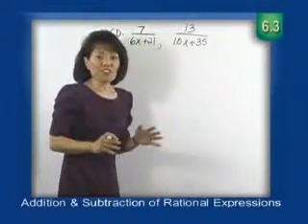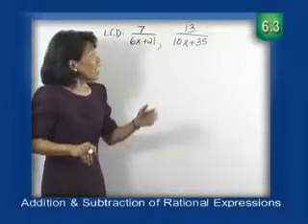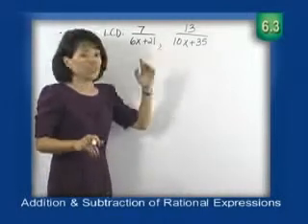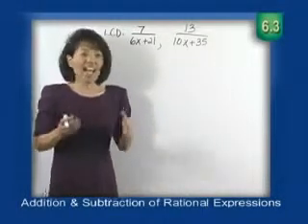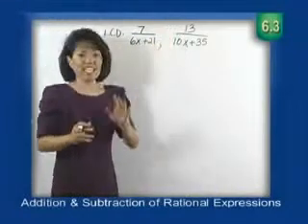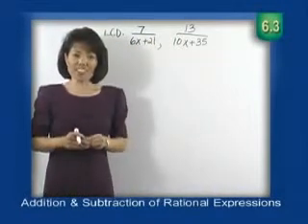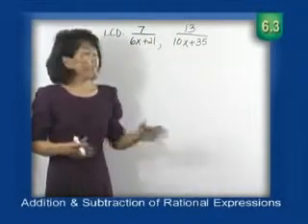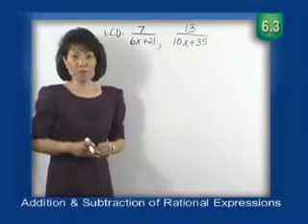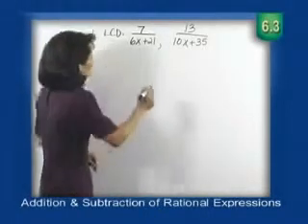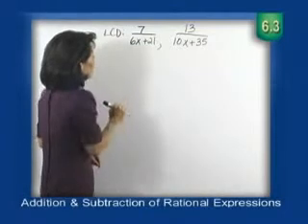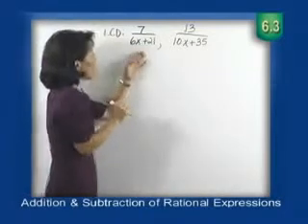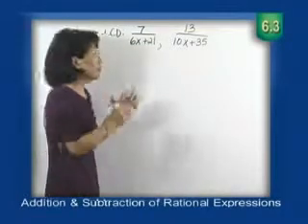Now, in order to find the least common denominator, it's nice to have those denominators in factored form. Actually, the numerator will not play any role in this problem of finding the least common denominator, so we can basically ignore those numerators. Let's factor our denominators. 6x plus 21. Do we have a common factor? Yes, we do. 3.